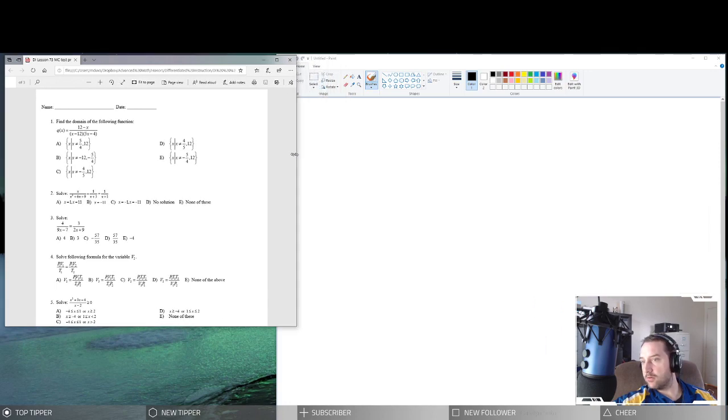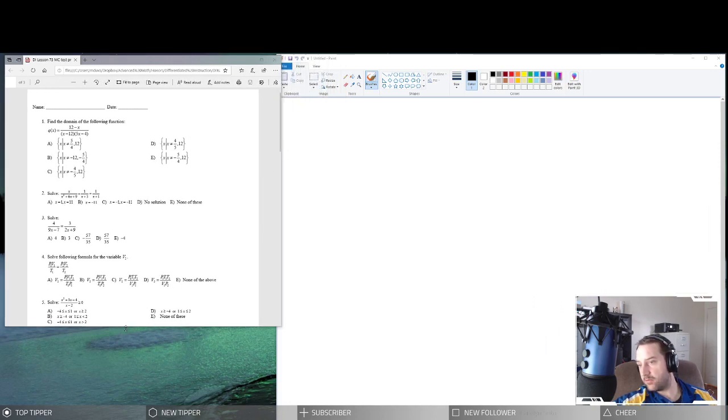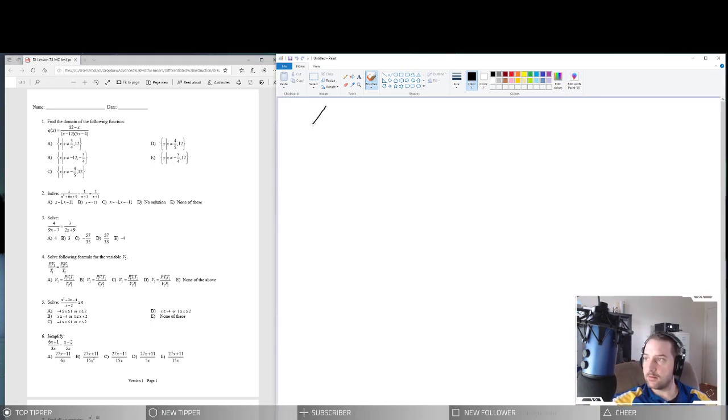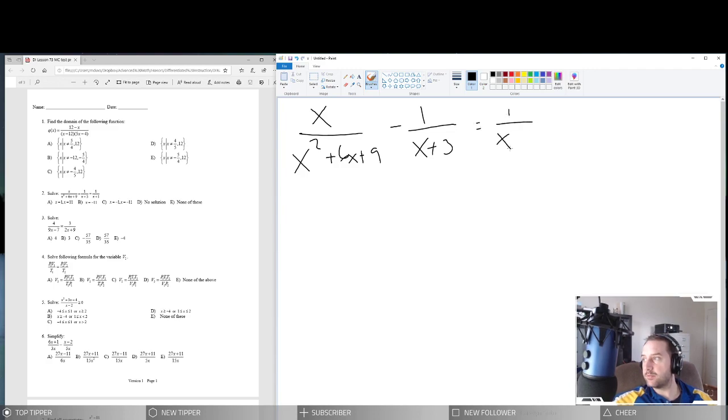So number 2 says solve that equation. So let's write it down. It's going to be x over x squared plus 6x plus 9 minus 1 over x plus 3 equals 1 over x plus 1.